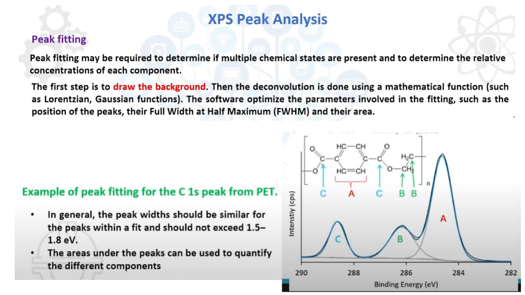Now why? As the electronegative atom is directly bonded, the effective nuclear charge that the 1s electron is facing is higher in the case of this C. And since this is sp2 hybridized, and both this C and this C are sp2 hybridized, now there is an oxygen here and here is only carbon. So that's why it is slightly lower binding energy, around 286.